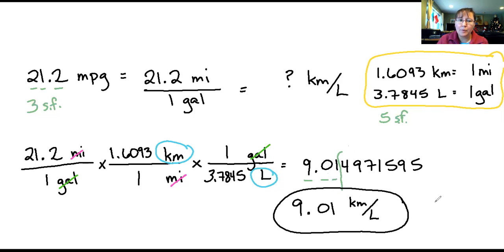And that's an example of a more complicated conversion problem. Now let's take a look at a new system that we want to convert, and that is temperature. There are three scales that are commonly used for temperature.